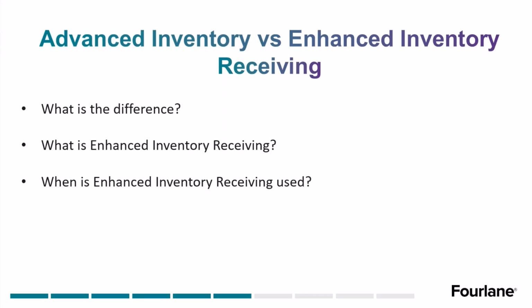And then we would have a completely separate entry of a vendor bill to hit our AP account and establish the balance due to that vendor. So rather than having the item receipt converted to a bill, both transaction types would be entered and they are maintained separately. I know that might sound a little bit confusing.